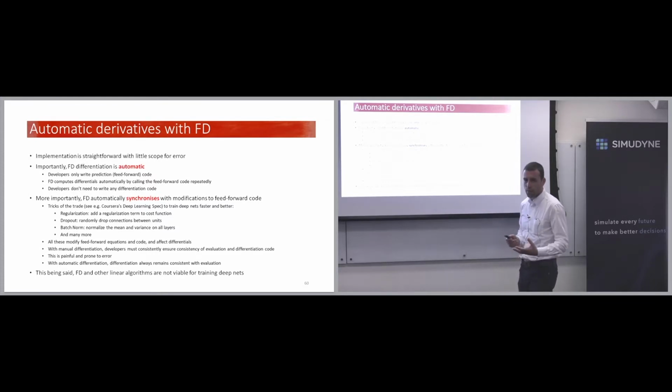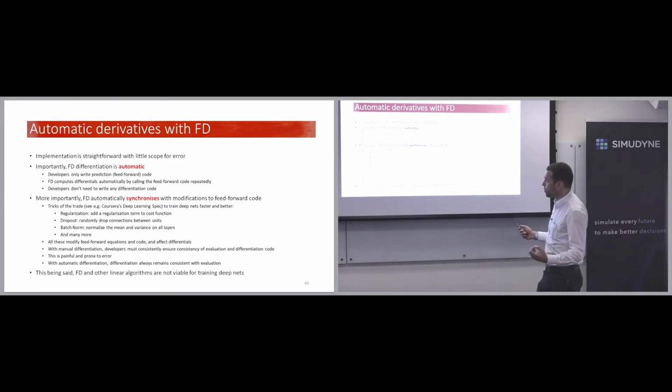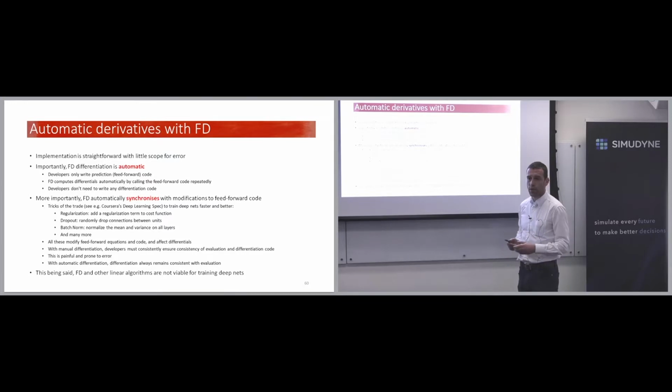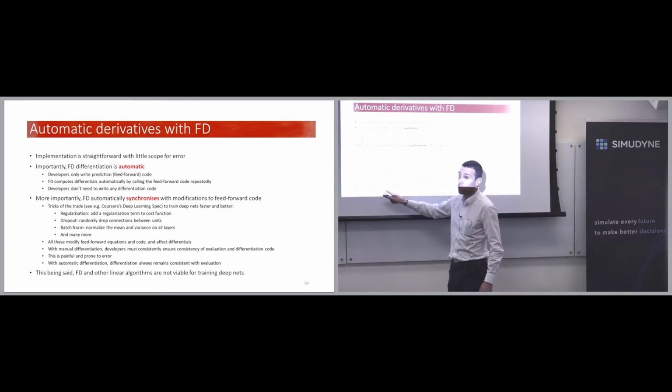So every time you want to include something new in your code, if you write differentials by hand, you will have to modify your differentiation code accordingly, right? But with automatic differentiation with finite differences, it won't be the case, because finite differences will just run your code repeatedly to compute derivatives, and whatever you put in your code will be automatically taken into account. So that's really great, only it's super slow.